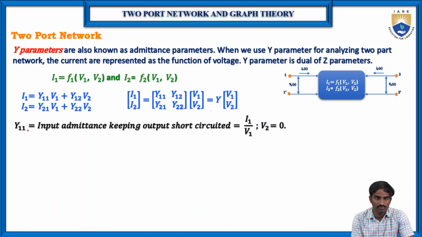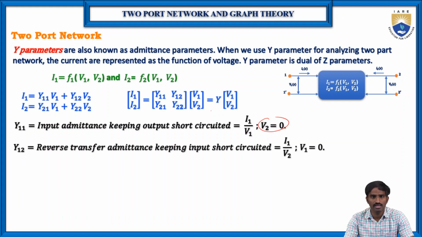Here the 1 and 1 both refer to port 1, the input side, so the output should be short circuited. When the output is short circuited, the voltage across the two terminals becomes 0, so V2 is equal to 0. This is the input admittance keeping the output short circuited. Before, the output was open circuit; here the output is short circuit. That's why these are the short circuit parameters, and previously the Z parameters were the open circuit parameters.